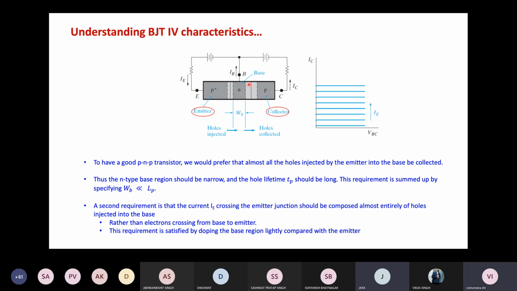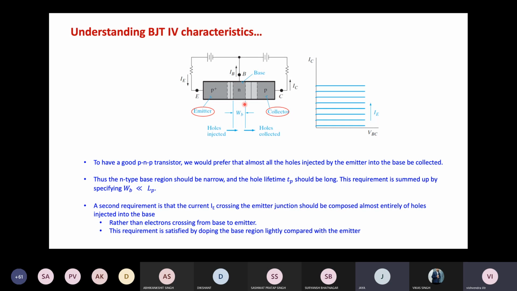Because on this junction, there will be a reverse bias minority current, and in order to have its value be small, we need a light doping on the collector side. So emitter is the most heavily doped, so that's why it is shown by P plus here. Second comes base in doping, and third, the least heavily doped, is collector. And that's why there is only P written on the collector side.